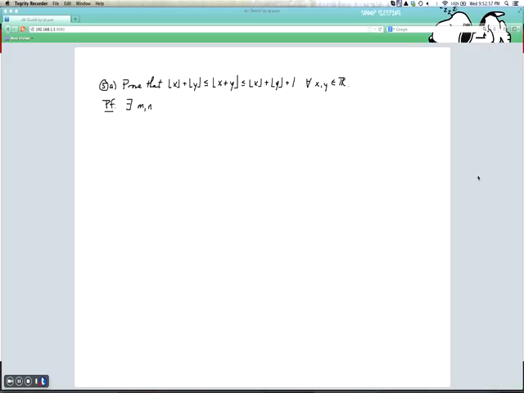There exist m and n where these things are greater than or equal to 0, but strictly less than 1, such that if I look at x, I can say that's the integer part of x plus the decimal part, and I can look at y and say that's the integer part, which is the floor, plus the leftover business.